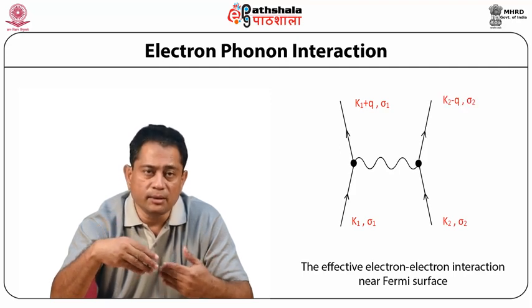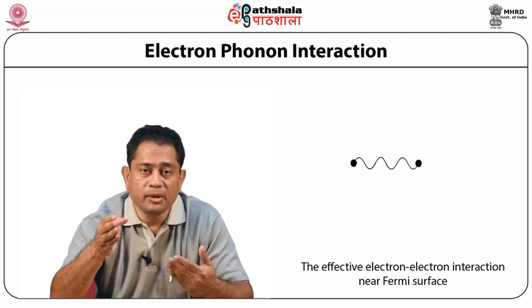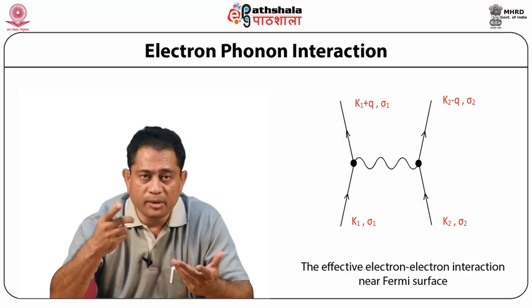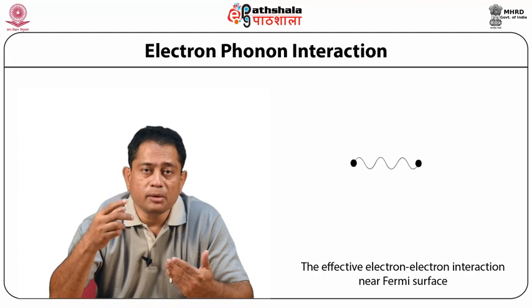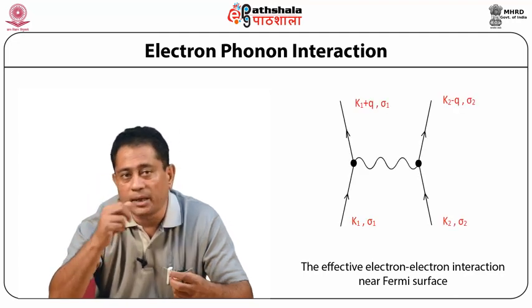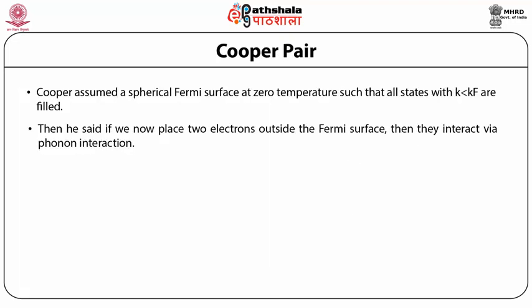You can clearly see here the electron with wave vector k1 and spin sigma 1 becomes k1 plus q, with spin remaining sigma 1, and the other electron k2 sigma 2 becomes k2 minus q with spin sigma 2. You see, this is what we have mentioned, that the two electrons are indirectly interacting via the phonon.